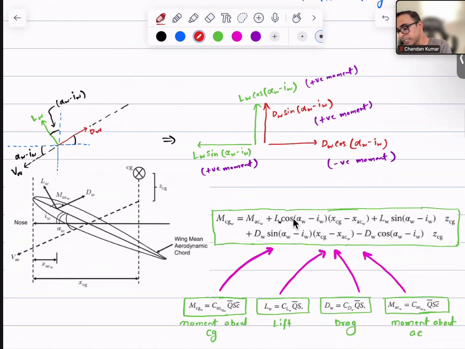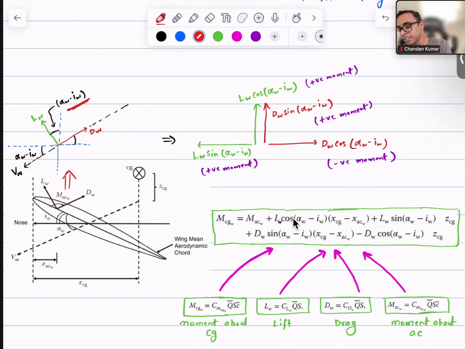Now what I am doing here is just translating these forces over here to understand it better. Because of this angle of attack and wing incidence angle, we can see that the lift and drag acting on the wing are rotated by this particular angle, which is alpha w and iw.